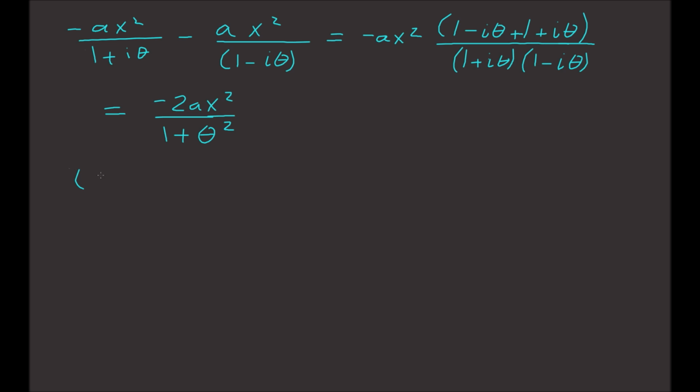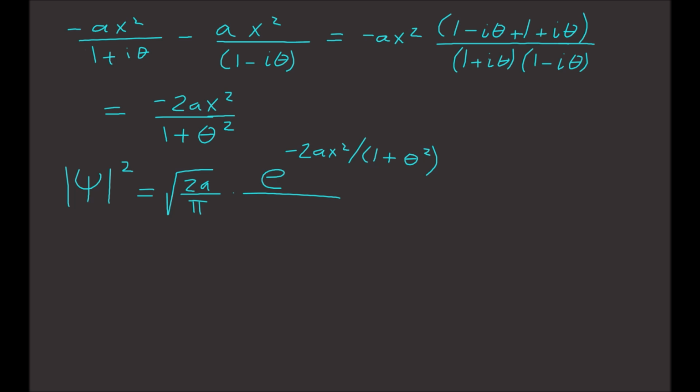Okay, so finally we have the modulus squared of psi is equal to square root of 2a divided by pi times e to the minus 2 a x squared divided by 1 plus theta squared, divided by square root of 1 plus theta squared. Right?